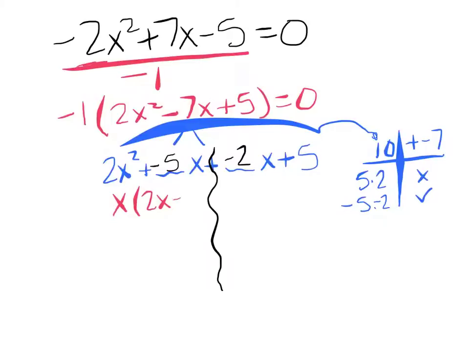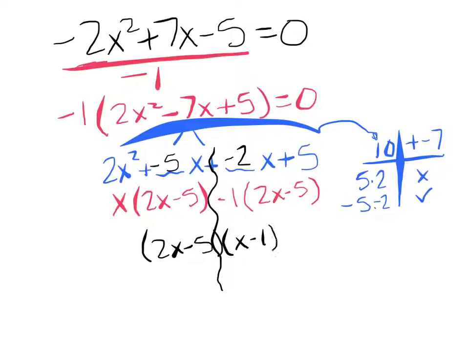So we end up with 2x minus 5. There's no GCF for the second pair. But it starts with a negative, so I know I can at least factor out a -1 and get 2x minus 5. So we write down what is the same, 2x minus 5. What is left over, x minus 1, equals 0 because we're solving, and that -1.